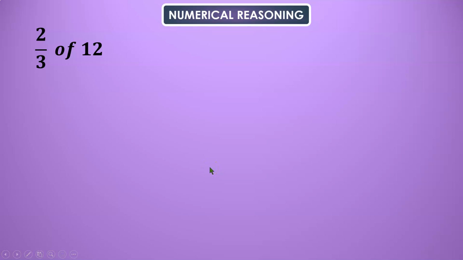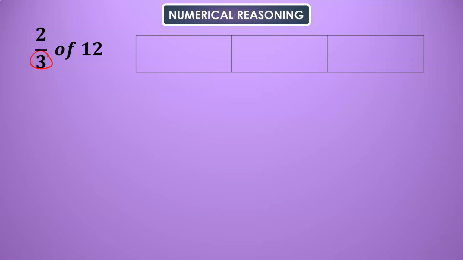The questions we're looking at today are questions where we've got a fraction of an amount that we want to work out. The key thing to think about with a fraction is that the denominator is always how many it's divided up into. So here I've got an object or a bar with 3 sections, each of them a third.